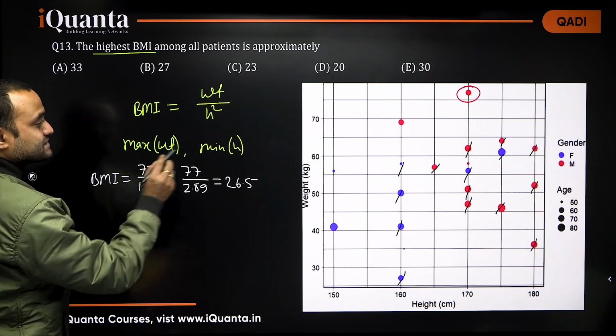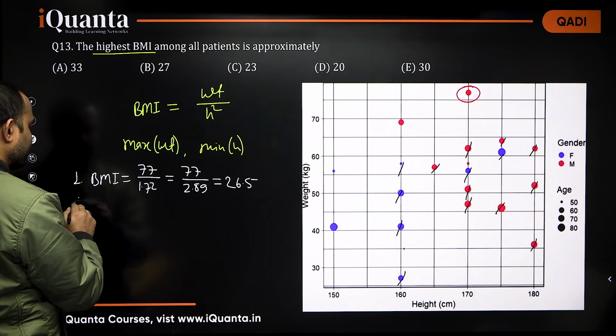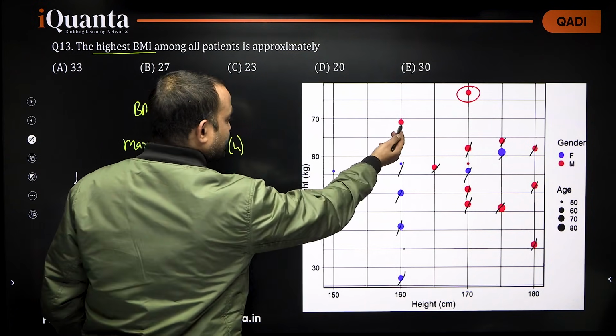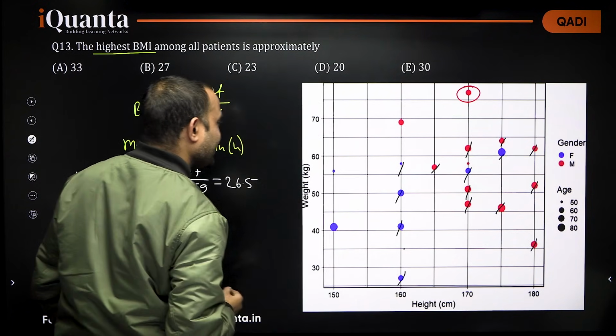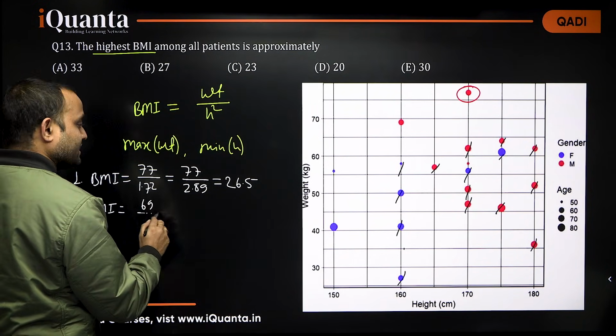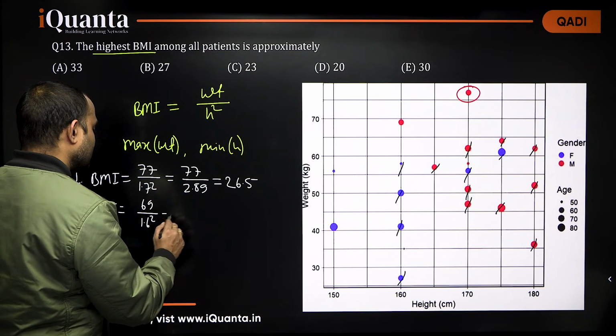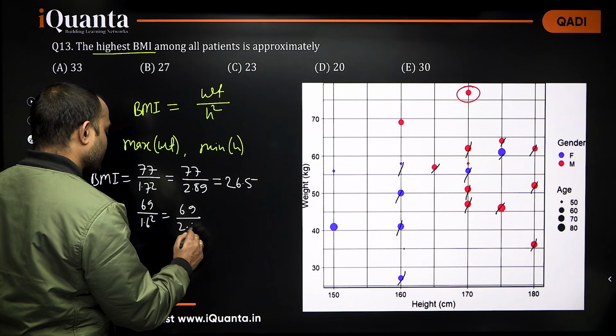So in second case, what will be the BMI? This we can take 68 or 69, right? Let's take 69 divided by height is 160, that is 1.6 square, which is 69 upon 2.56.